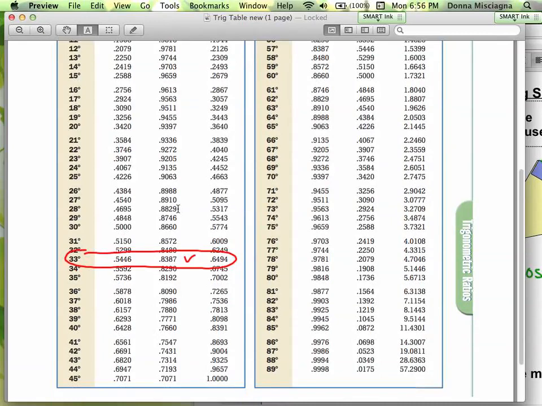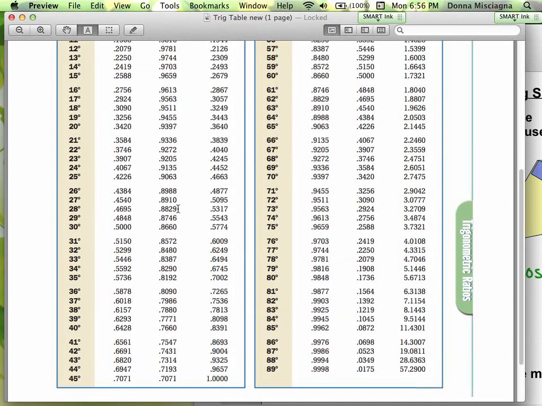Remember, when we're looking at the table, they're always listed sine, then cosine, then tangent. So you find the value for the cosine, that decimal for the cosine of a 42-degree angle. And when the tape pauses, you'll put your answer in.